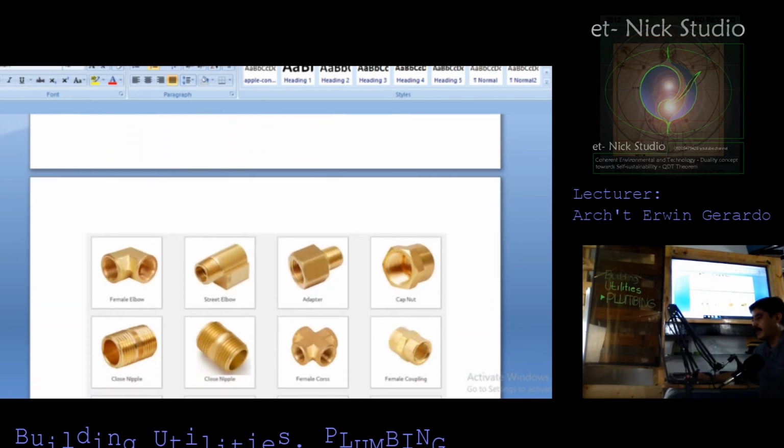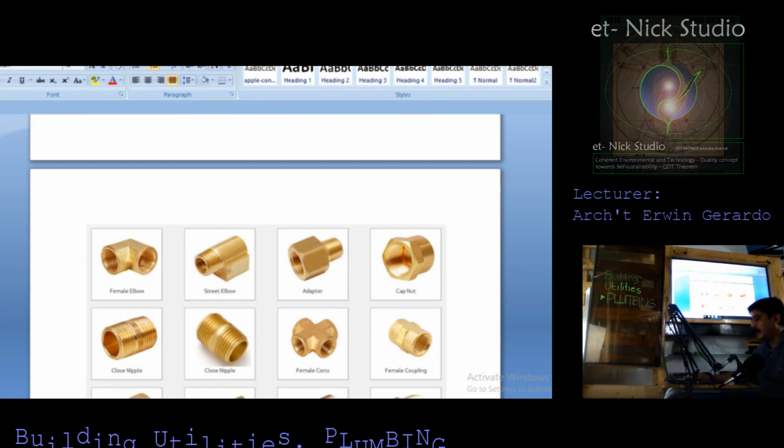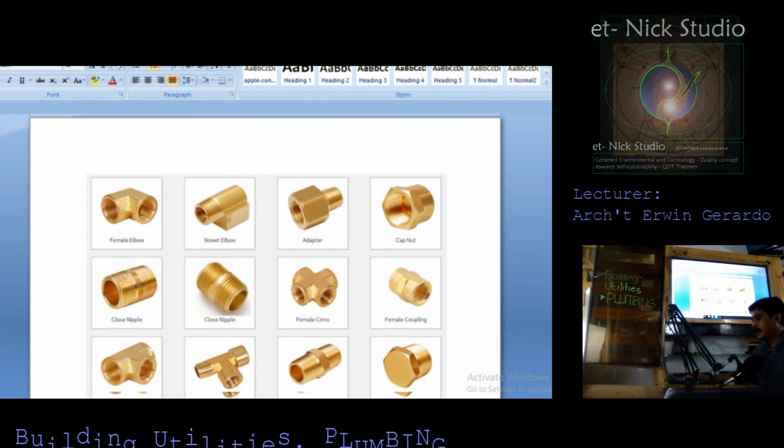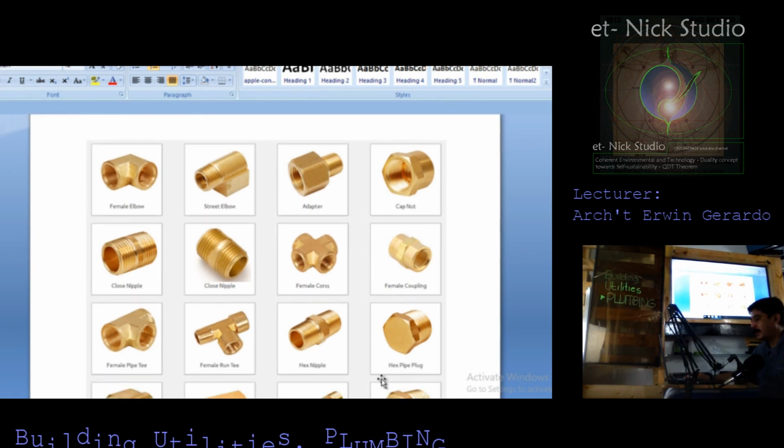Brace pipe fittings. We have a female elbow, street elbow, adapter, cup nut, close nipple, close nipple, female cross, female coupling, female pipe T, female ramp T, hex nipple, hex pipe plug.